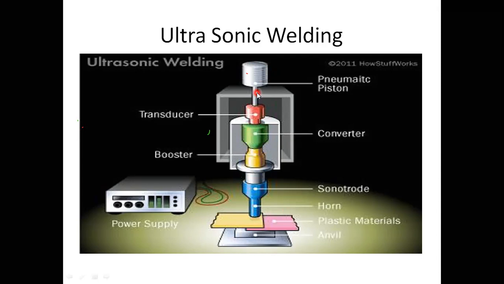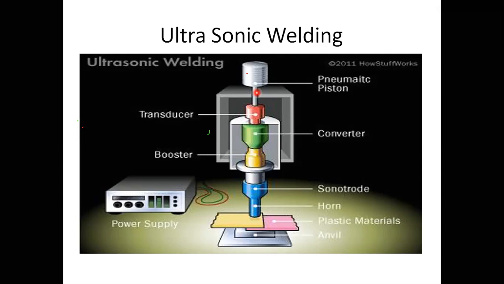Now, if I explain the procedure one by one, then you can understand these things. First, high frequency current passes to the piezoelectric device. Then the transducer produces mechanical vibration. This is the vibration, but it is a signal type.